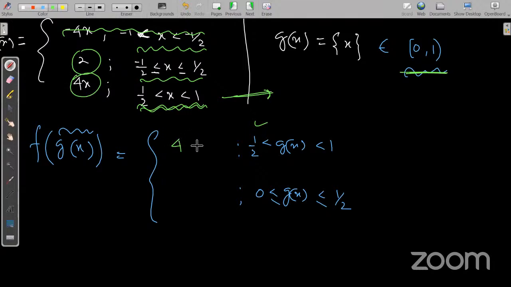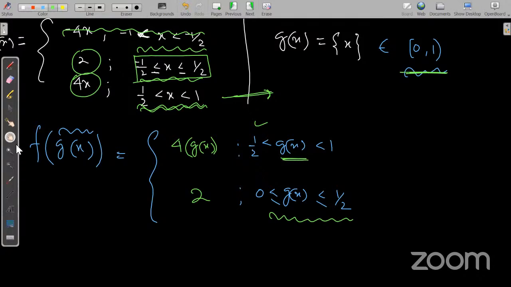Here you will get 4 times g of x, because in place of x you have g of x, na? And when g of x is lying between 0 to 1 by 2, the function is giving you 2. So this will be 2. Is it clear or not? Now we can write it out a bit more neatly, right?